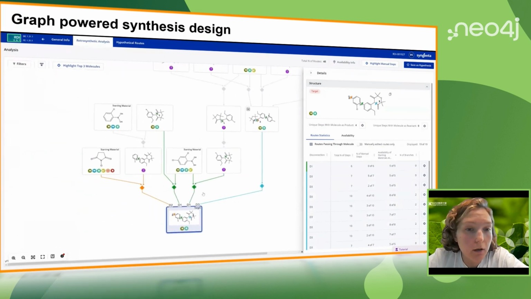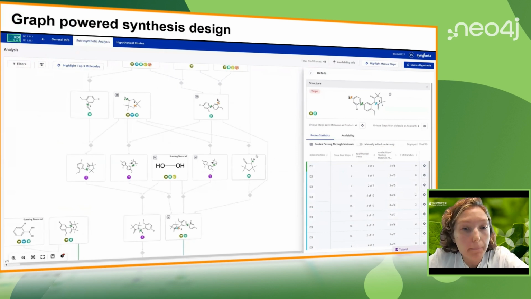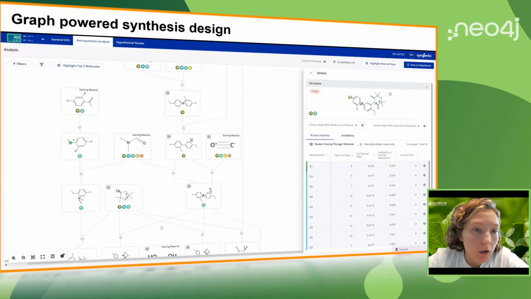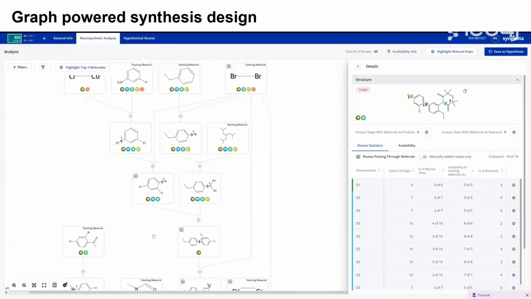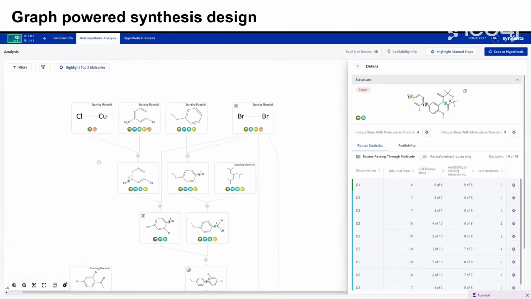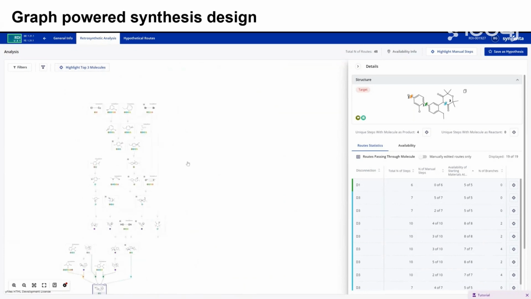Yeah, and also one can highlight different metrics computed from graph representation. For example, the most frequent intermediates in the synthetic tree. Yeah, so here it is.